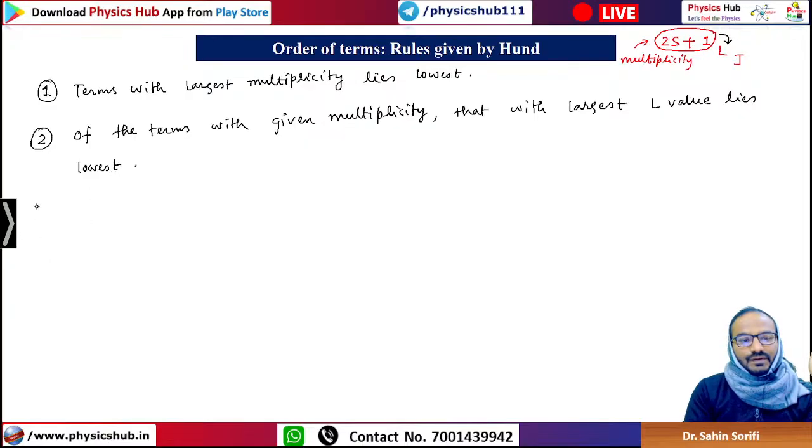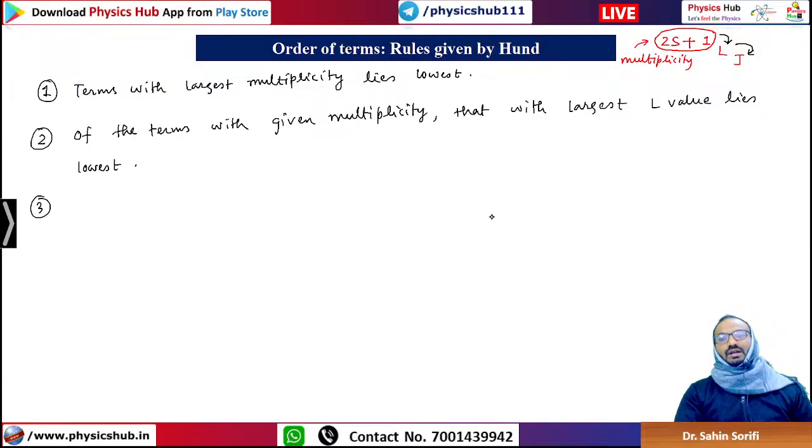Now it may be possible that multiplicity and L values are both equal, and then you will come to J values. For this J value there may be 2-3 possible cases. If you consider P2, this is less than half filled, P3 is half filled, P4 more than half filled. So these scenarios may be possible.